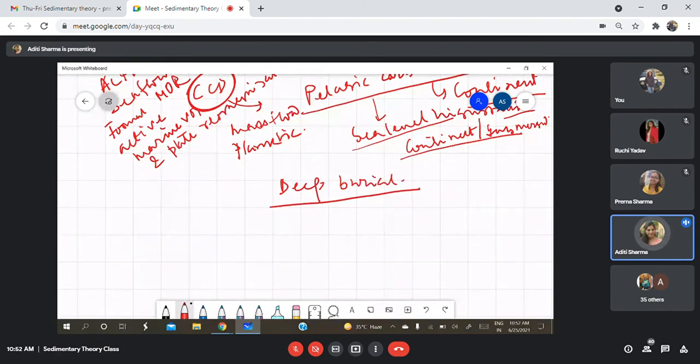What is deep burial diagenesis? That is when the carbonate is going into deep burial, and the changes it will undergo because of that. So what are the processes that will be most important here? The increase in pressure, increase in temperature. These are the two major things that will happen here. And the third thing is the carbonate will be exposed to high saline water.